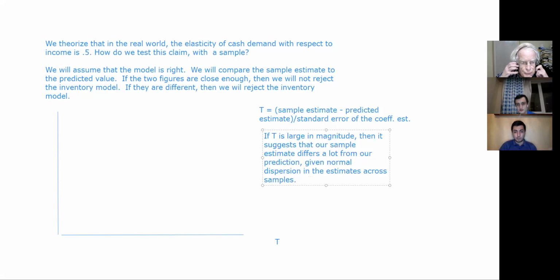The dispersion is measured here in the denominator of the t-statistics.